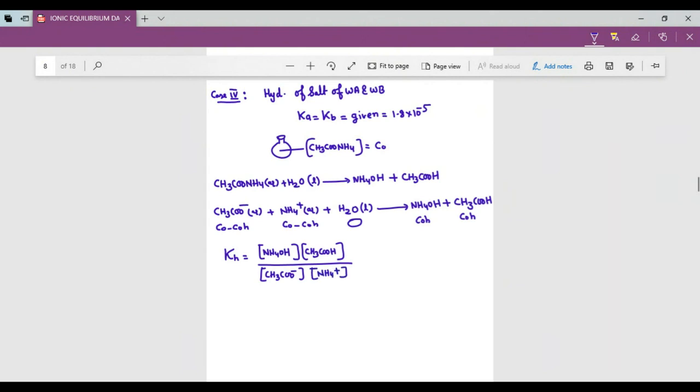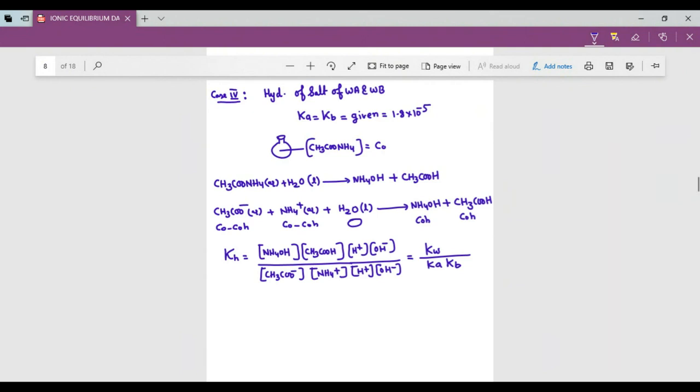So if you further multiply the numerator and denominator by H+ and OH- ion concentration and simplify it, you can write that it is equal to Kw upon Ka Kb, Kw upon Ka and Kb.